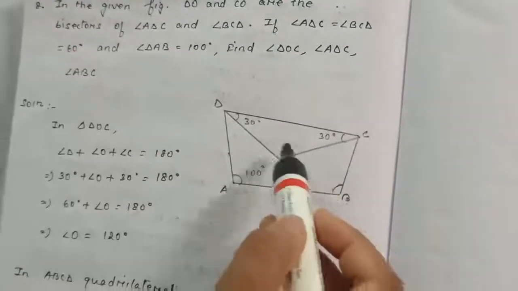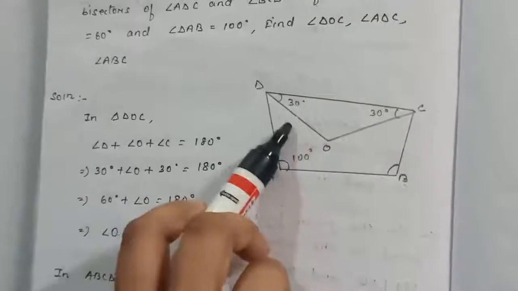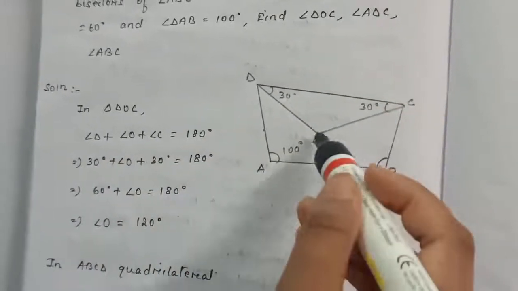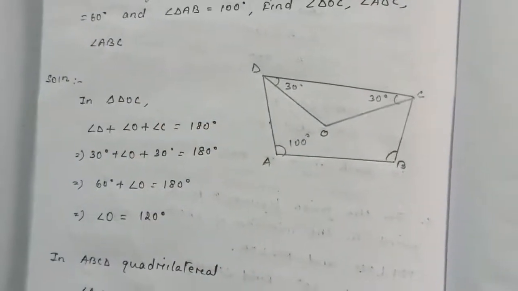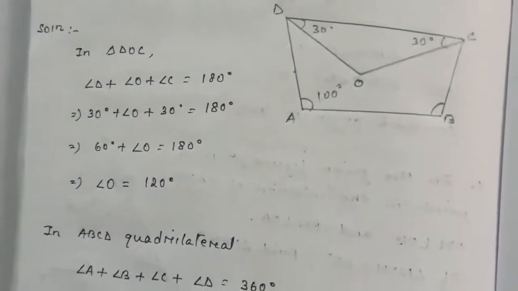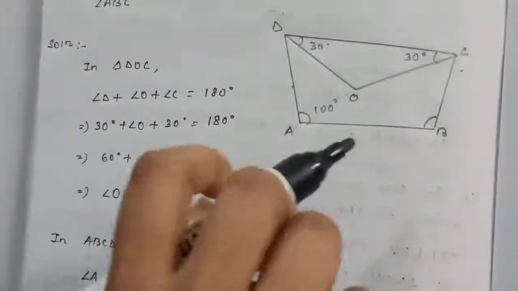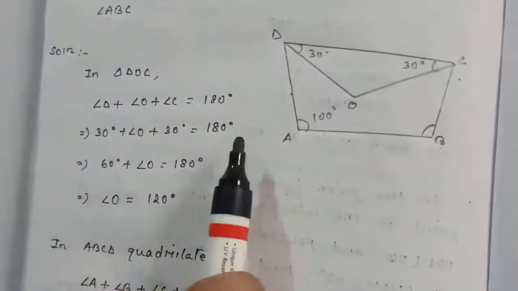ABC. First you see, we can see DOC is a triangle, where we have angle D, we have angle C, and we have to find angle O. So in triangle DOC, we know the angle sum property of a triangle. The three angles of a triangle sum to 180 degrees. So what are the three angles? Angle D, angle O, and angle C. So angle D plus angle O plus angle C is equal to 180 degrees.